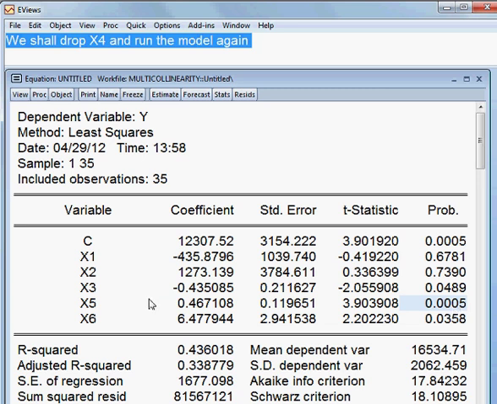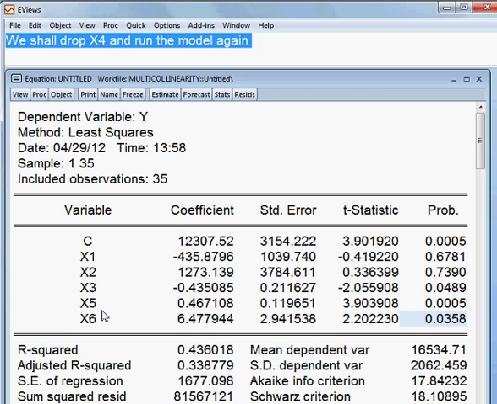And x6 is significant at 3.58%, less than 5%. Now you can see that three variables have become significant out of 5 independent variables.